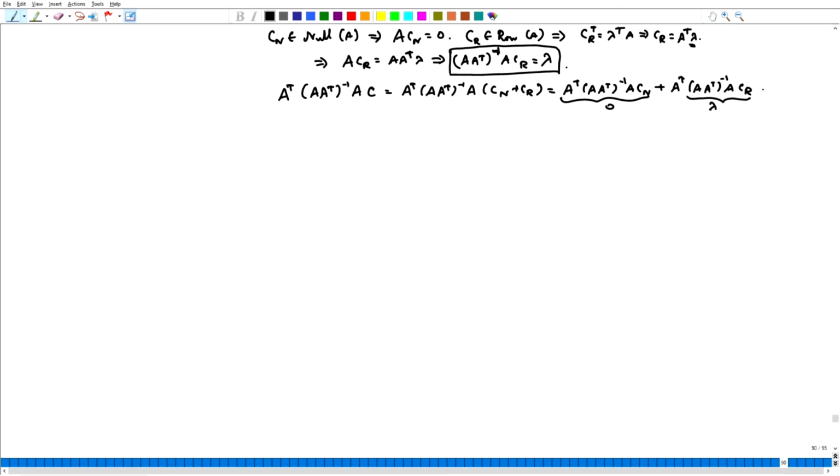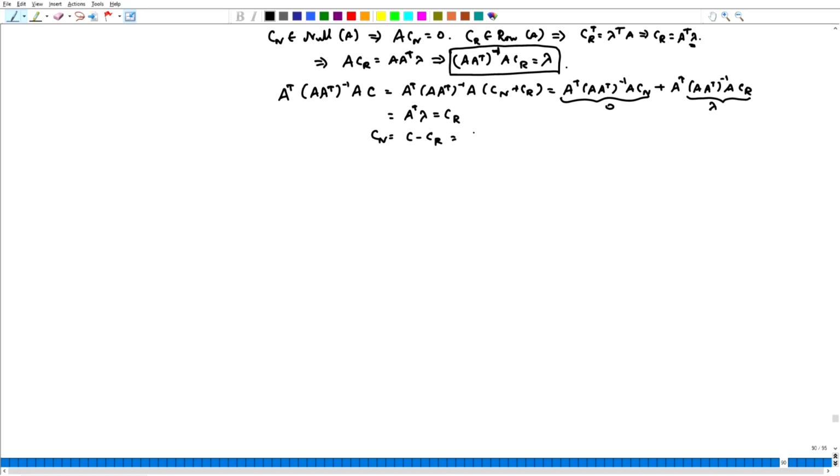So the whole thing turns out to be A transpose lambda, but A transpose lambda is Cr. So I can pre-multiply with this matrix expression to get the projection of C onto the row space of A. To get the null space component, Cn is just C minus Cr, because C equals Cr plus Cn.